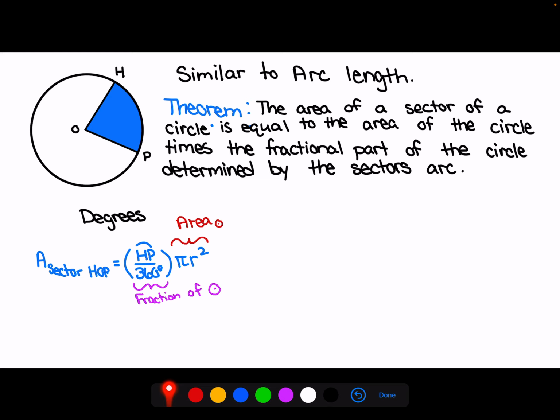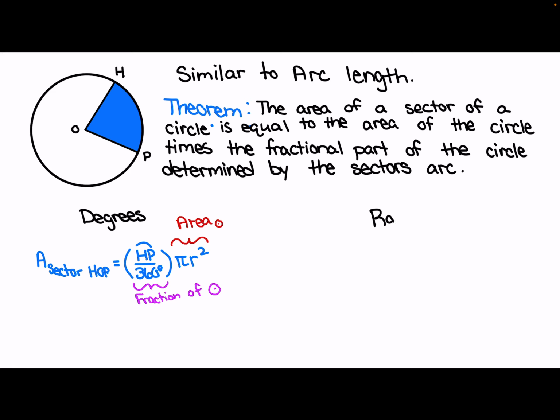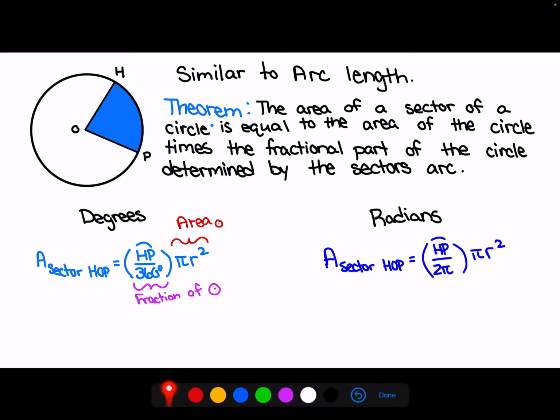Now, if we were given radians instead, if they told us that we had a certain amount of radians for the opening of the circle, then the only thing that would change is the 360 degrees would change to become 2 pi. So if I'm given radians, then it would be the arc divided by 2 pi times the area of a circle, pi r squared. Now again, degrees is the one that you'll see much more often.